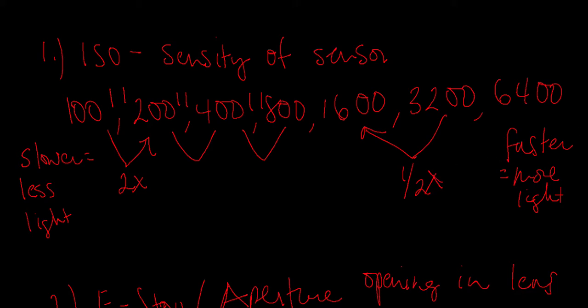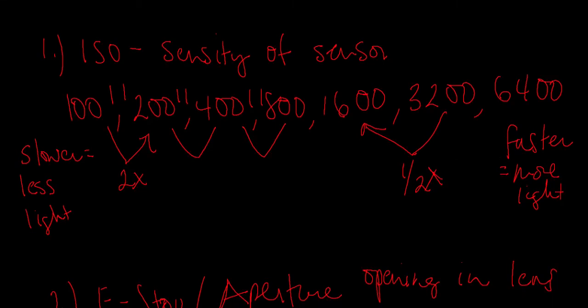Now, when they set up the camera controls, someone was actually smart enough to realize that if changes in ISO, f-stop, and shutter speed were all by the same amount, we would actually be able to use these controls interchangeably.